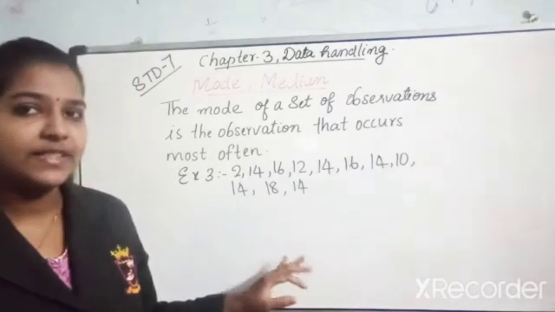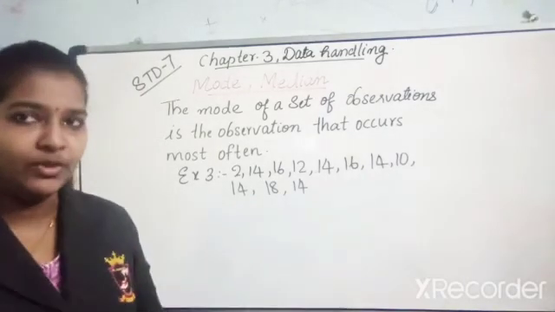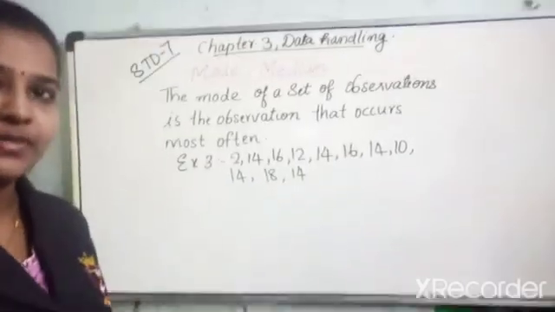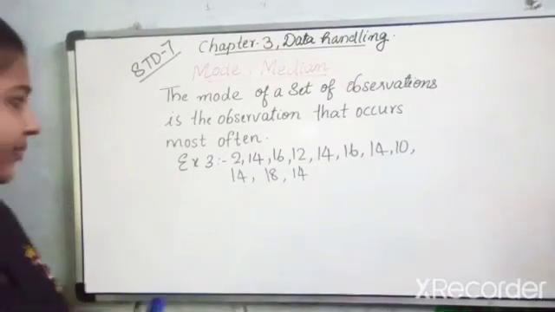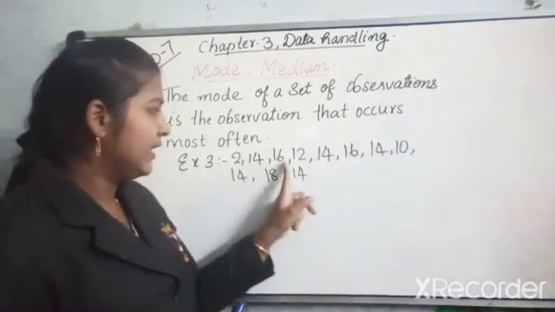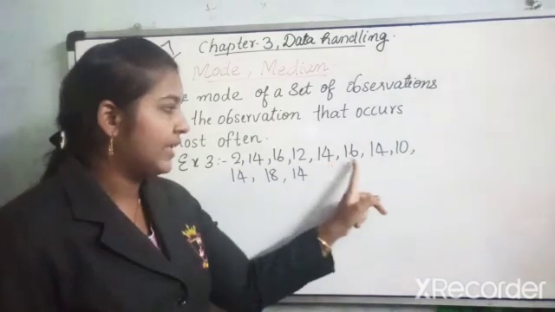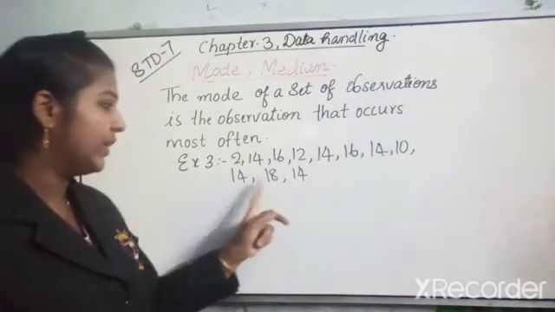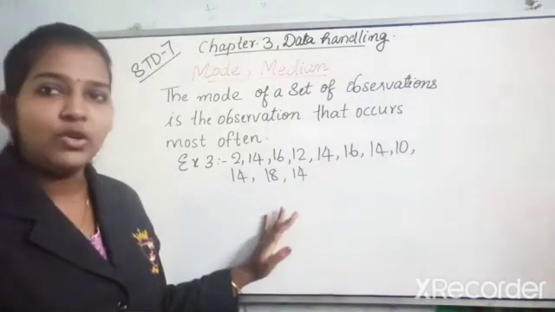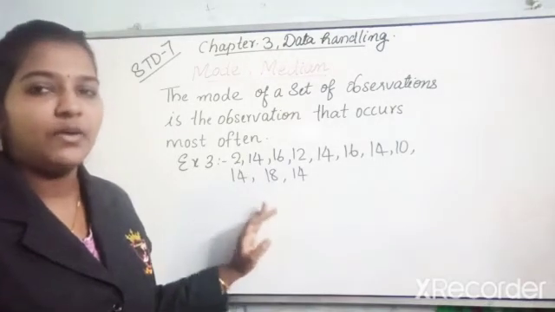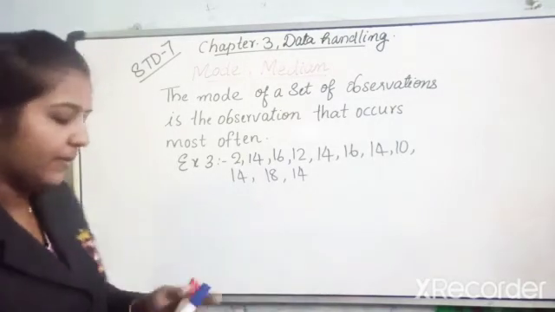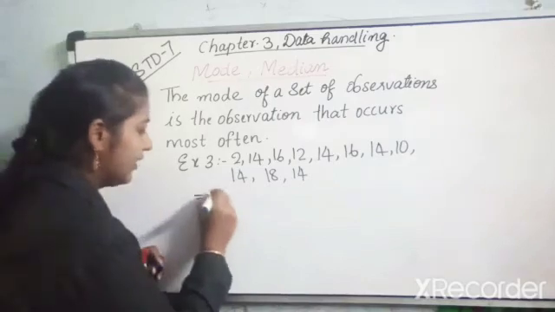Children, now we are discussing another example for mode. Here are the numbers given: 2, 14, 16, 12, 14, 16, 14, 10, 14, 18, 14. So we know what to do first. Yes, we have to arrange this in ascending order, right? So I am arranging it.